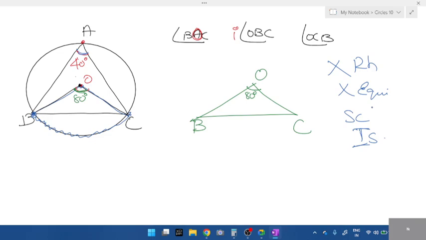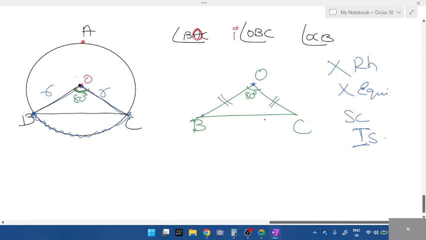I'll give you a clue. Connect it with the circle. According to circle, what is O and B? Very good. If radius is OB, what about OC? Are radii equal? What kind of triangle? Isosceles triangle.